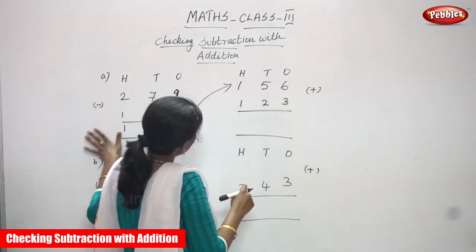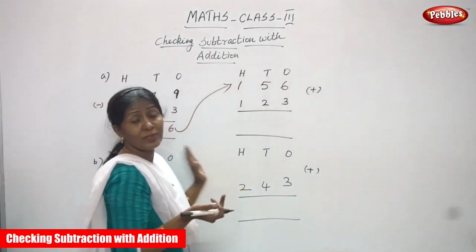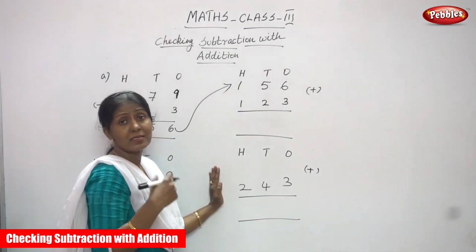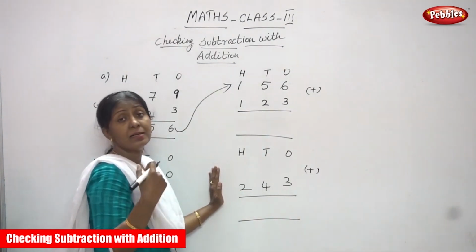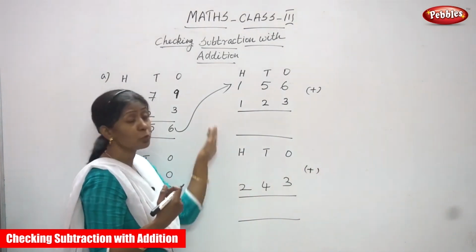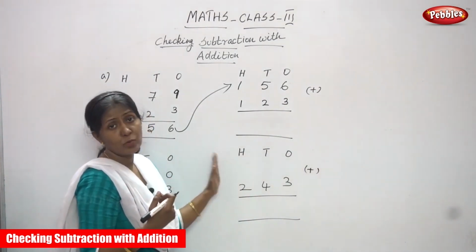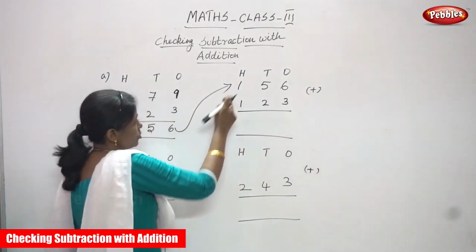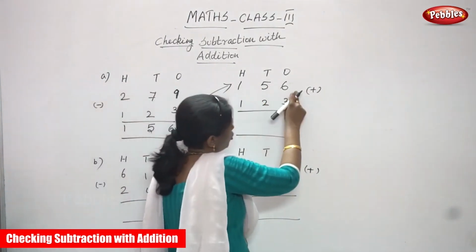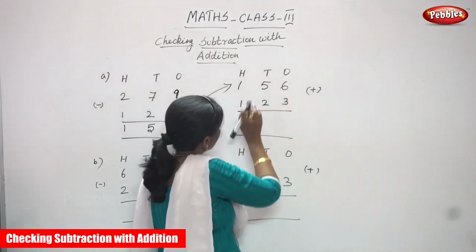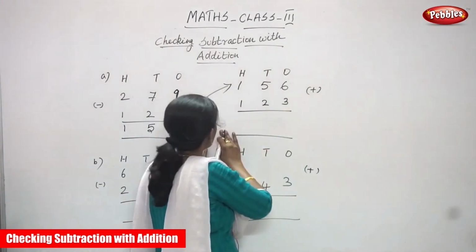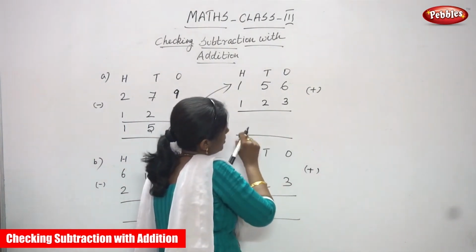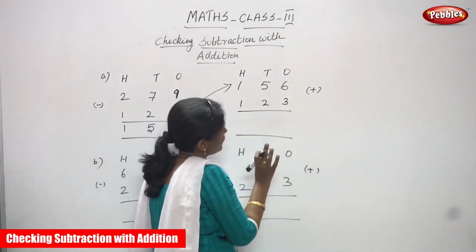First you subtract, and whether the subtraction answer is right or wrong, you check by the addition method. So I have written the answer on the top, and the second number as it is. If you get the question, the answer you found is exactly right.